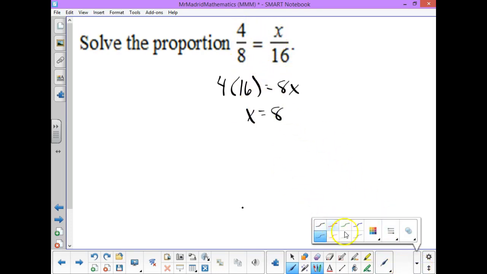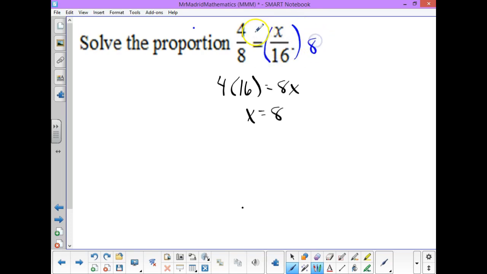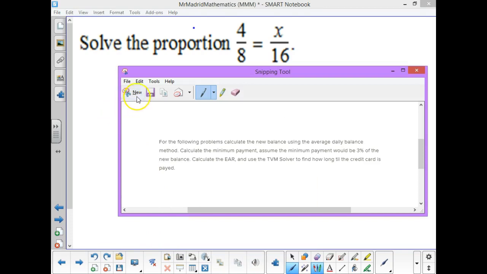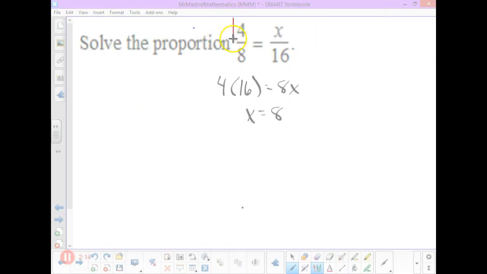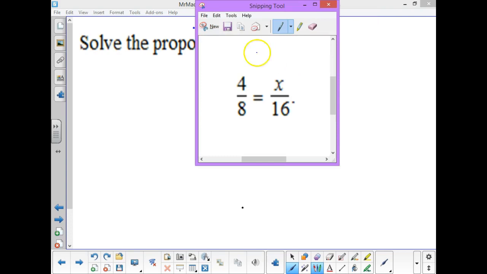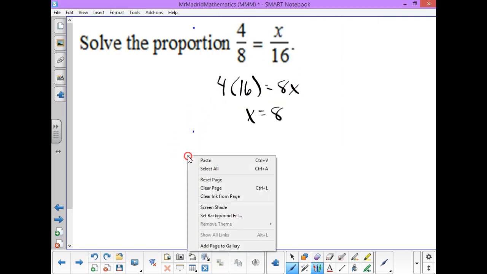Multiply and multiply. What I'm going to do here, though, because it is important that not only do you know the trick, but the rationale, is if I have this guy, I could technically multiply by 8. Let me take an image of this thing here real quick so I don't get too sloppy.